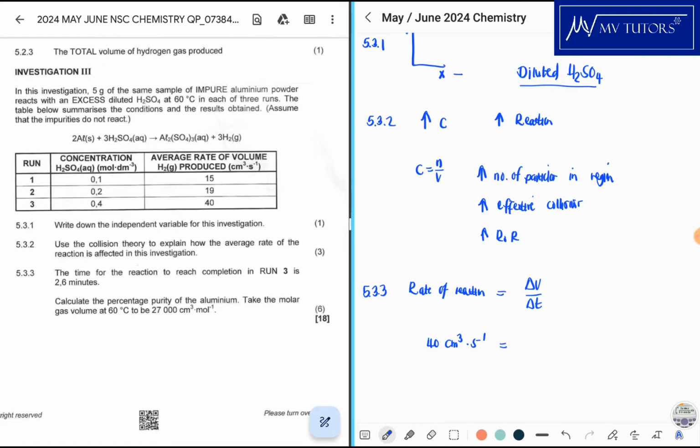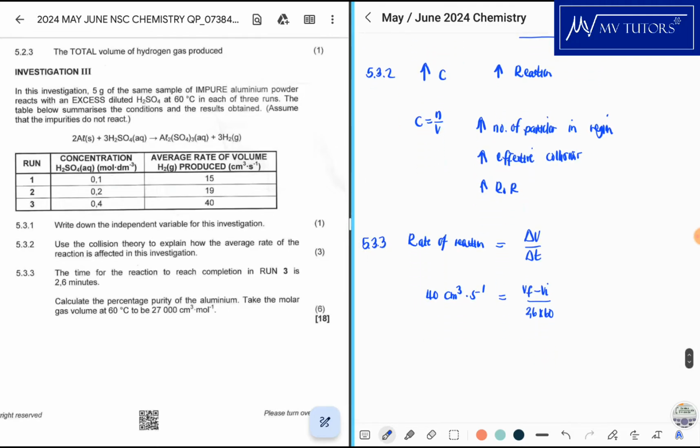And our change in V, which is our V final minus V initial, we don't know what it is. We have the time, which is 2.6 minutes, and we're going to convert that to seconds. Because the volume initially produced will be 0, I'm just going to say volume, not final volume.